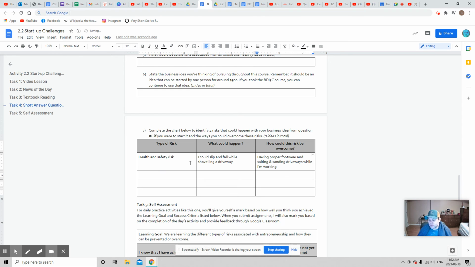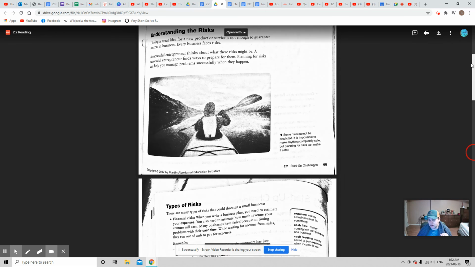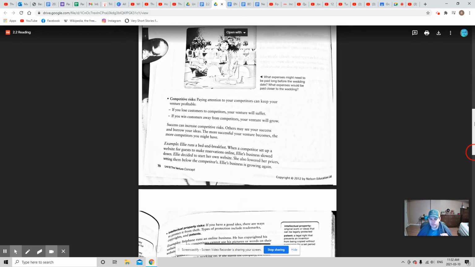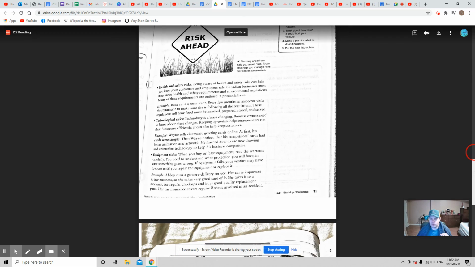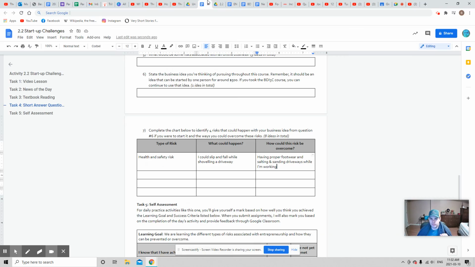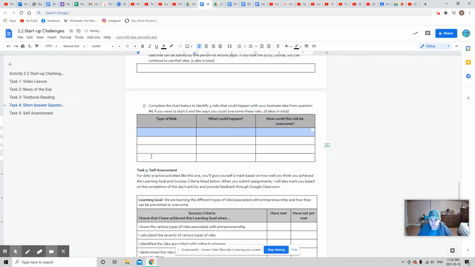So you're basically just thinking of problems that could happen and thinking of ways in which you can prevent them from happening. So just do that with 4 risks associated with your business. So remember, the type of risks are located in the reading here. There are 6 in total. Okay, I should specify 12.